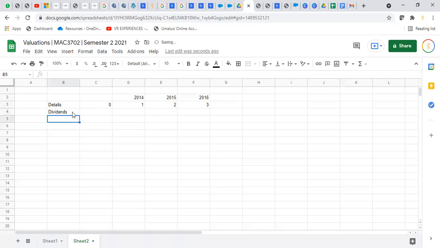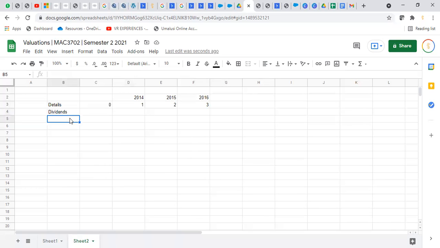If this was a free cash flow question, explicit cash flows would be, for example, every line item in the income statement. So for example, sales, cost of sales, give you gross profit. Then you will take into account operating expenses and so forth. So just be aware of that. In this case, the explicit cash flow is dividends because we are using the dividend growth model.